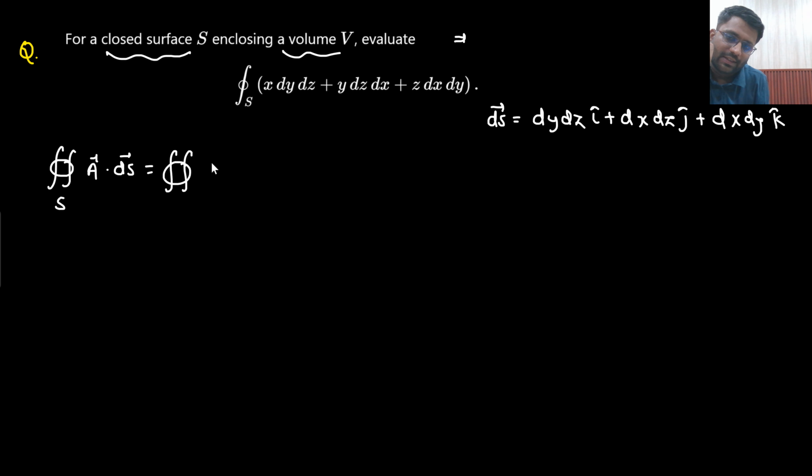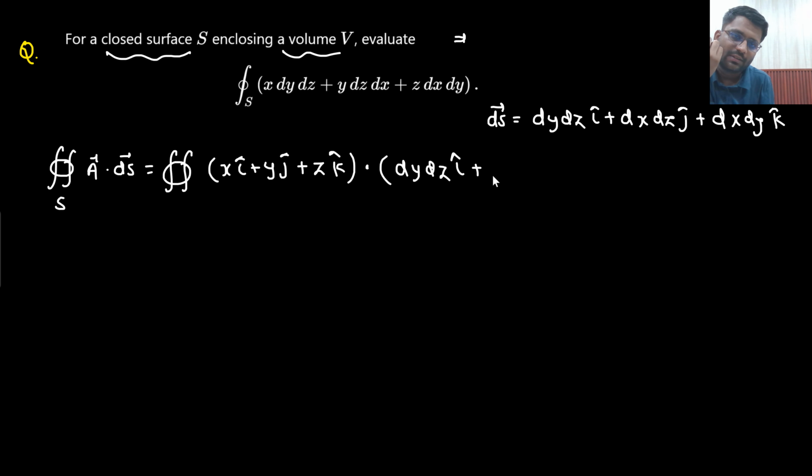From here I can directly see that my A would have been x i cap plus y j cap plus z k cap, dot product with dy dz i cap plus dx dz j cap plus dx dy k cap. This would have been my vector A.